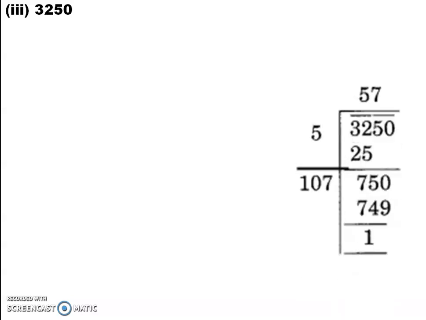Here you got the quotient as 57 and remainder as 1. So what will you conclude? The smallest number that should be subtracted from 3250 is 1. And the square root of the new number obtained is 57.